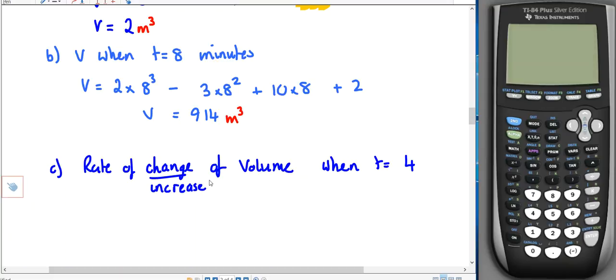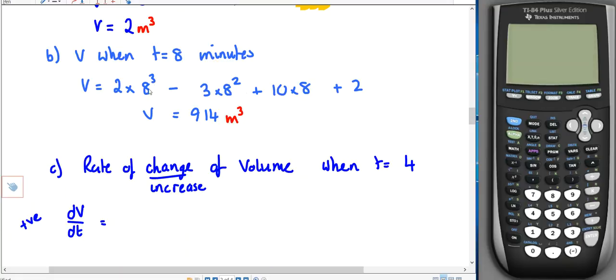So if we know it's an increase at that point, then we're going to do dV dt, the rate of change of volume, and we know if it's an increase, that means it's going to be a positive value. So that's what we ought to check.